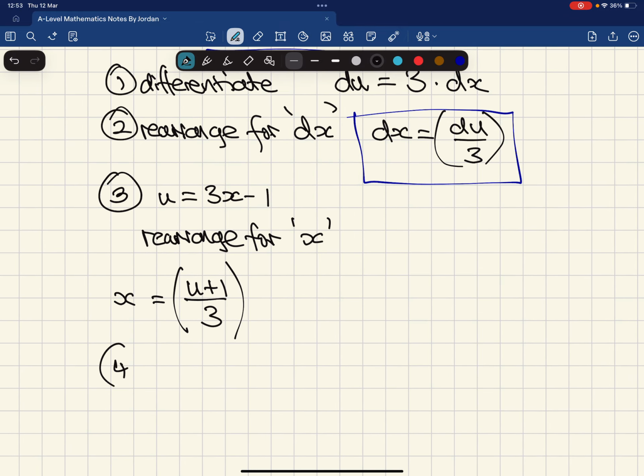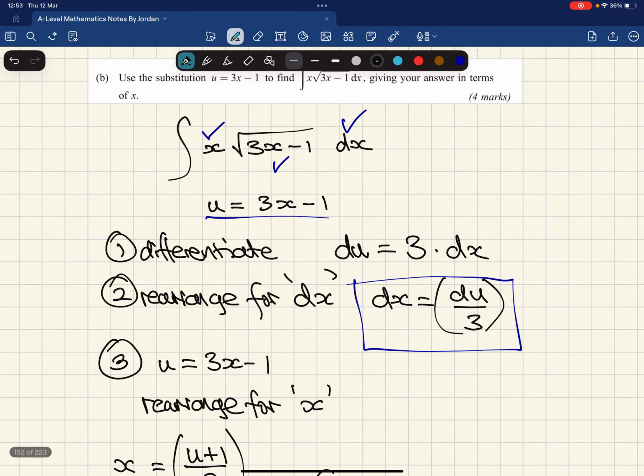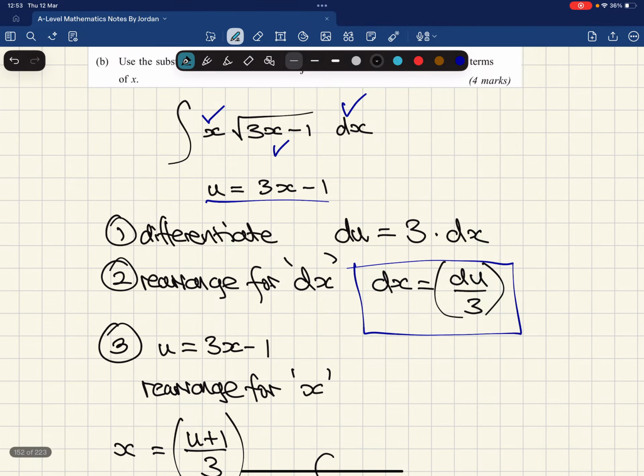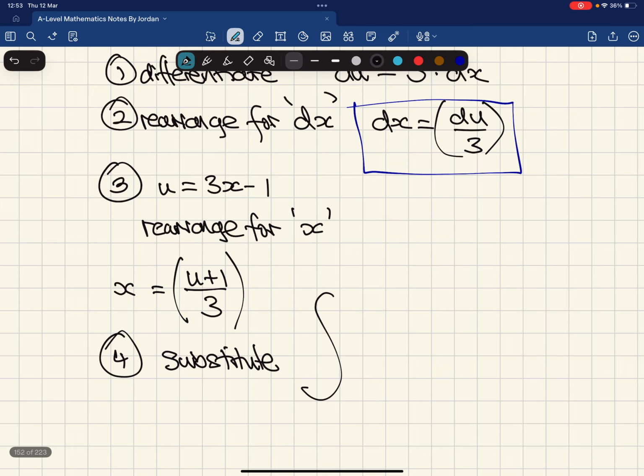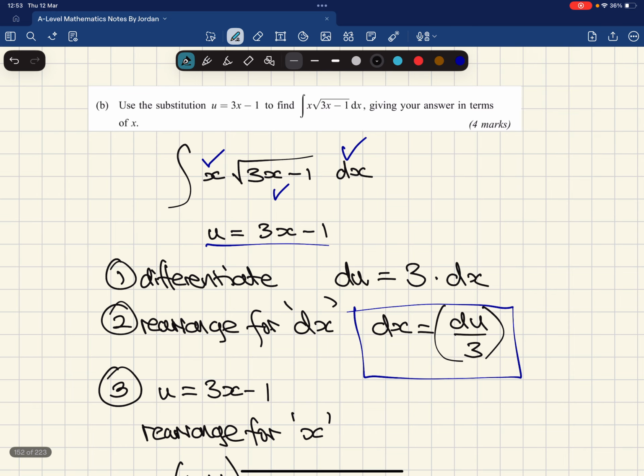So step 4 will be to substitute. So x is our first thing that we have. So we have our substitution here, which will be u plus 1 over 3. So that's x. Now we have the square root of 3x minus 1.